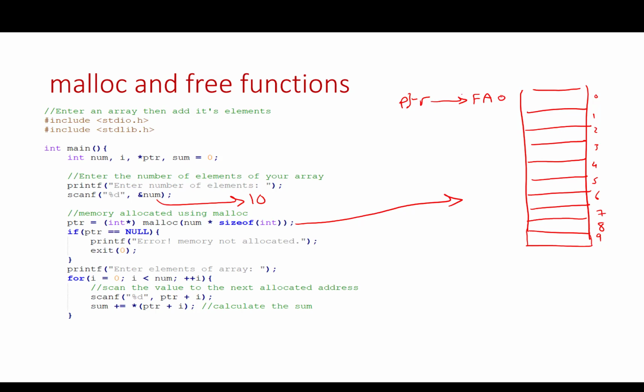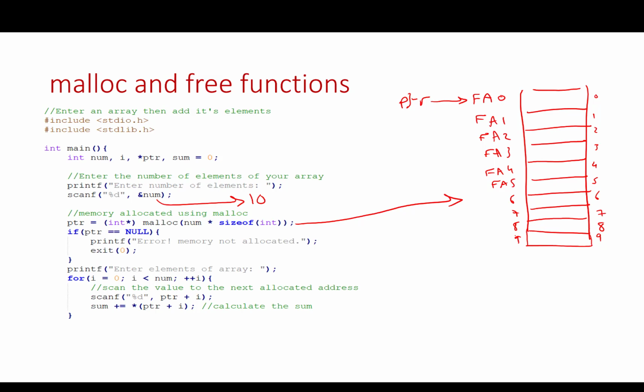And then the next addresses will be FA1, FA2, FA3, and so on. So when we are reserving arrays in the memory, we are just having them in the same sequence, starting from whatever the address is here and counting the number of elements.